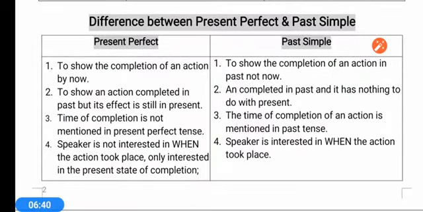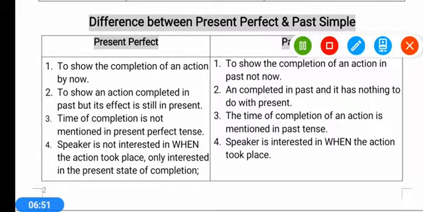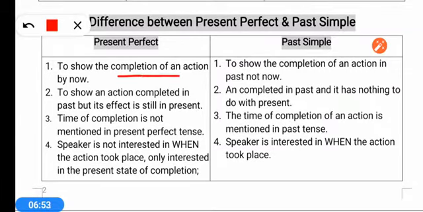Now the next part is: what is the difference between present perfect tense and past simple tense? So I told you that in present perfect tense we talk about completion of work. In past also the work is completed, but there we mention the past time, that in the past it started and it was completed.